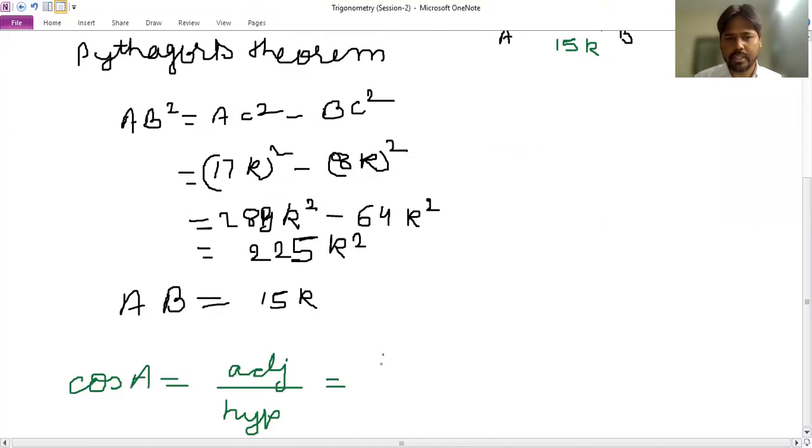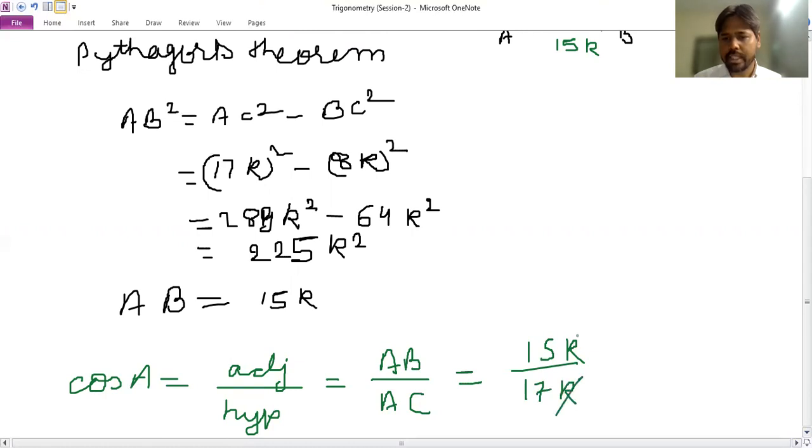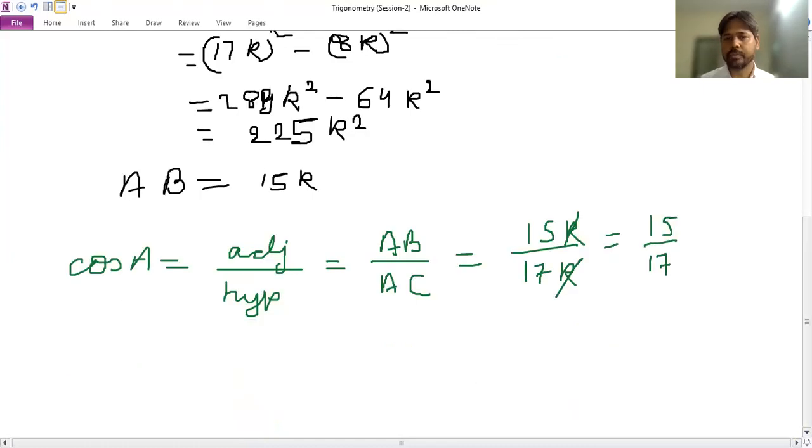So I can write it like this: AB upon AC. Now, putting this value of AB as 15k upon 17k, this k will get cancelled out and we will be left with 15 upon 17. So this is the value for cos A.